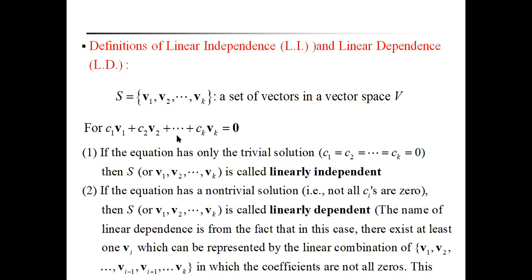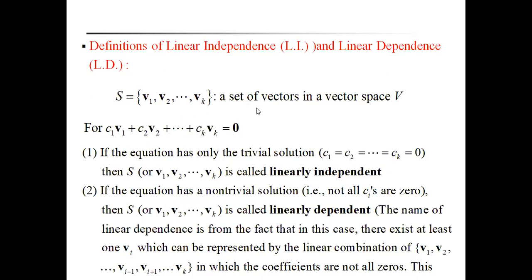All the constants should be 0. Then we say the set is a linearly independent set. This is simply denoted as L.I., capital letters, that means linearly independent. Now the second definition, linearly dependent.